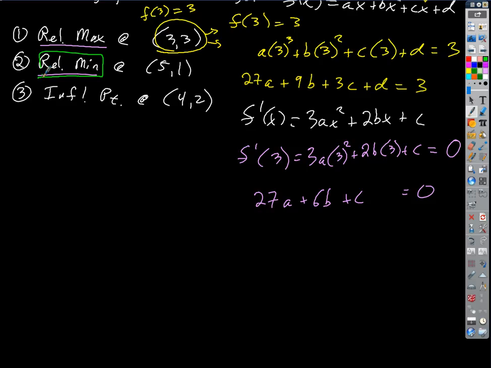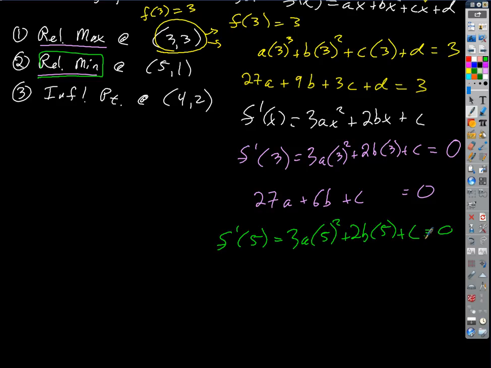So if I have a relative min at 5, 1, then that means that f prime of 5 equals 0, right? And so that's like saying f prime of 5, there's my f prime, is just going to be 3a times 5 squared plus 2b times 5 plus c.